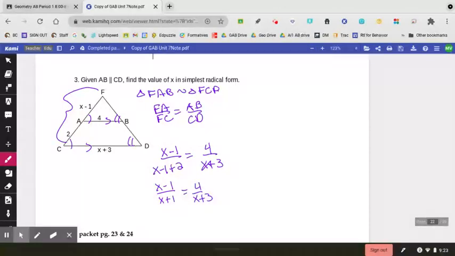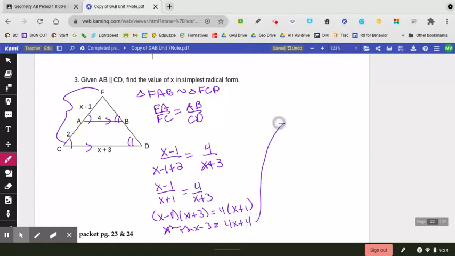Cross multiply, x minus 1 times x plus 3 equals 4 times x plus 1, x squared plus 2x minus 3 equals 4x plus 4. Make it equal 0, so it's x squared minus 2x minus 7 equals 0.